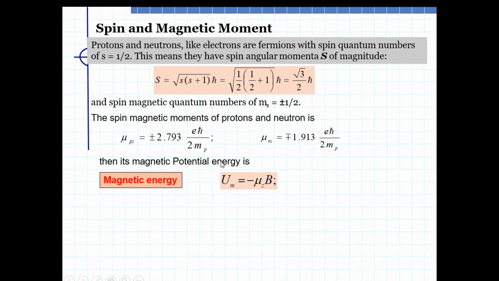Thereby, the potential energy which is created due to this magnetic effect is the magnetic energy, which is proportional to the magnetic field, and the constant is this spin magnetic moment.